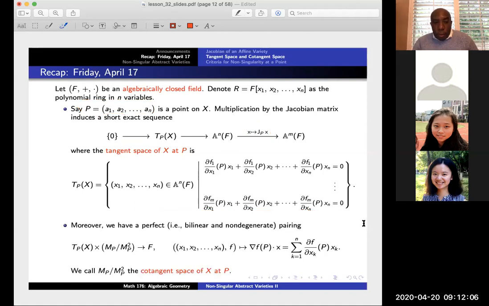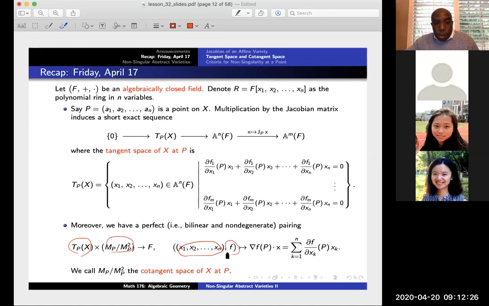So there is a second way in which we could look at this tangent space, which is by looking at this pairing. So remember what this pairing does is, it says take a point here in our tangent space. Remember that our tangent space is going to be some vector space. And then take a polynomial here, let's call it f.